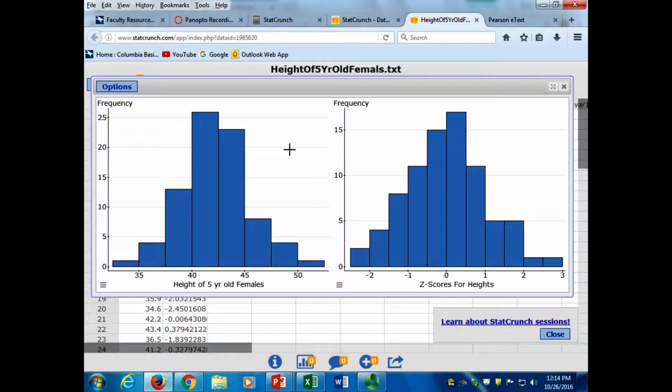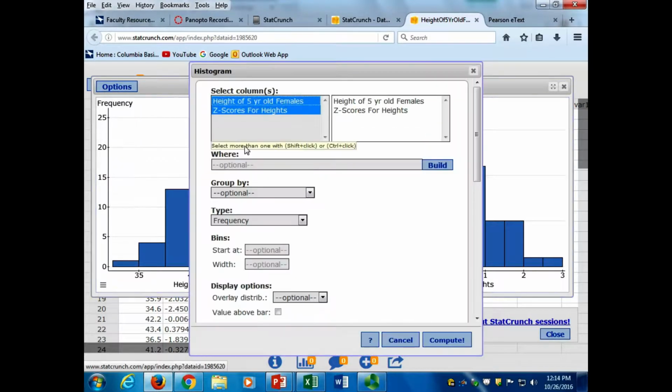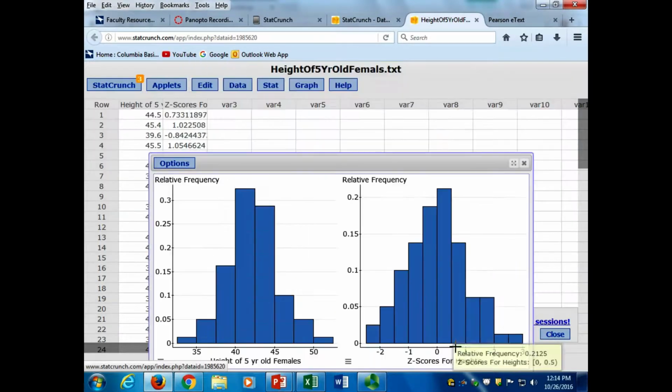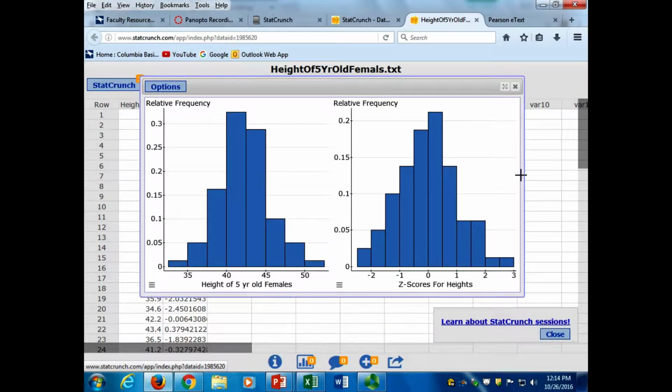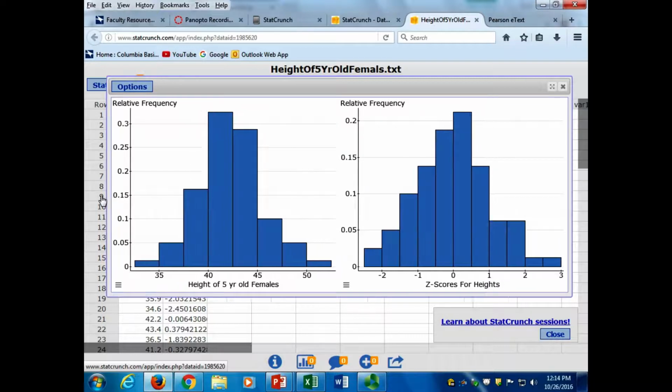The z-scores start higher? Here, let me read you these. Don't look at the frequency. I want to look at relative frequency. All right. So, how are they different? I want you to get creative.